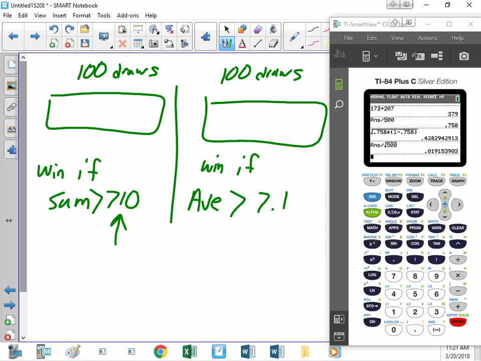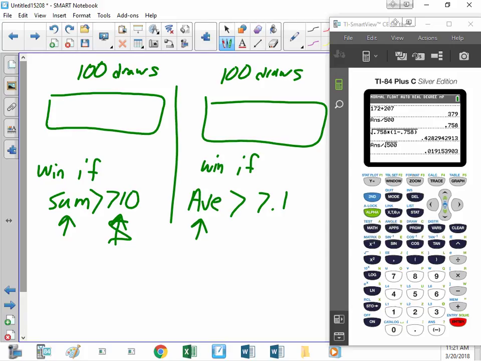If I do more draws, will my sum get larger? Yes. So I guess what I meant is this number, the average. Will this number change? Nope. The sum will get bigger, but the number of draws gets bigger too, so the average will remain the same.